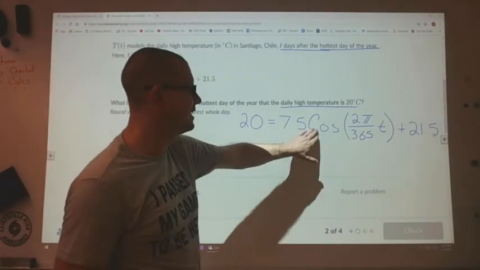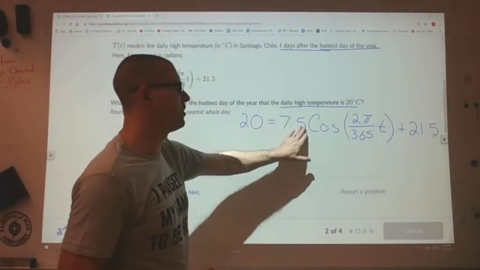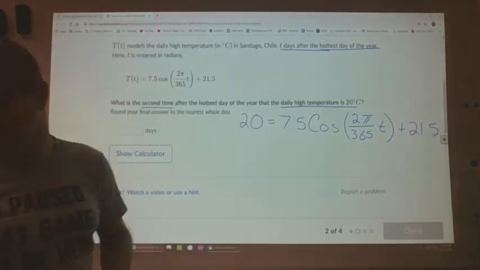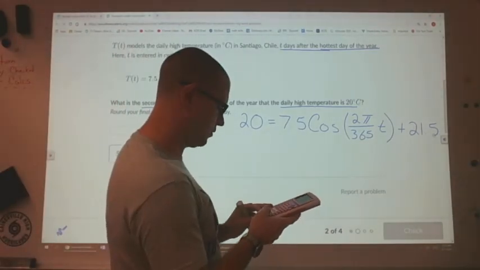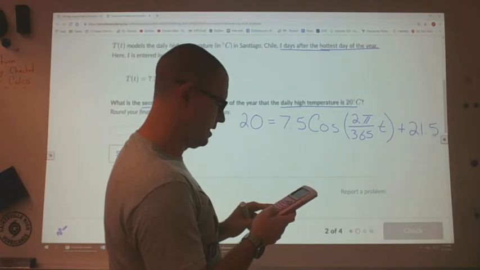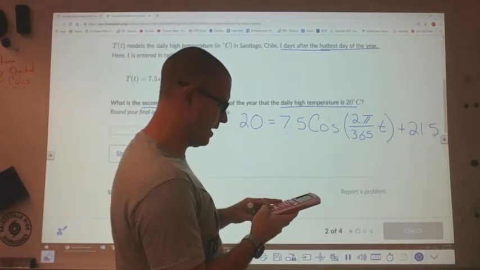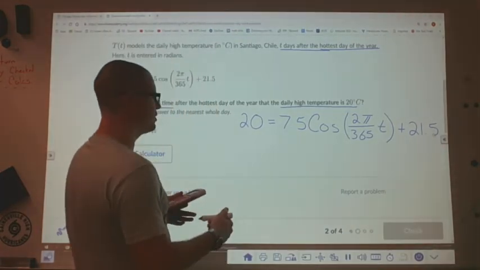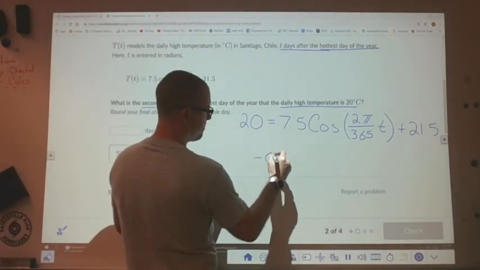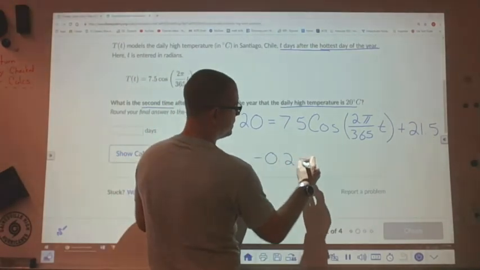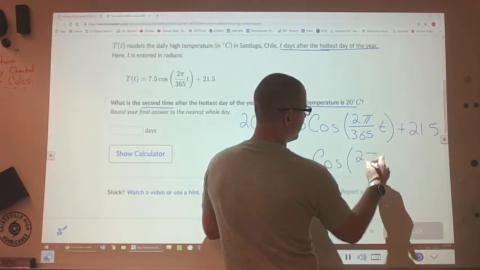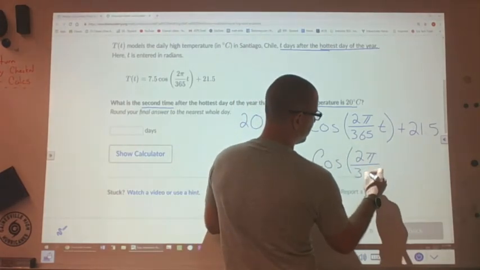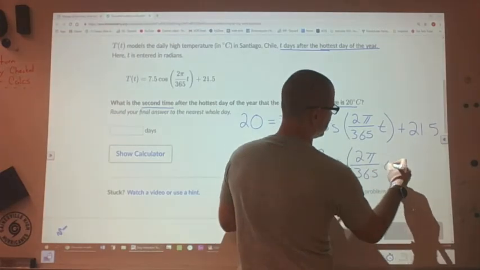We need to isolate the cosine and then solve by taking the inverse cosine. So we're going to do that. I'm going to subtract the 21.5, so 20 minus 21.5, and then divide by 7.5 to get negative 0.2 is equal to the cosine of 2 pi over 365t.